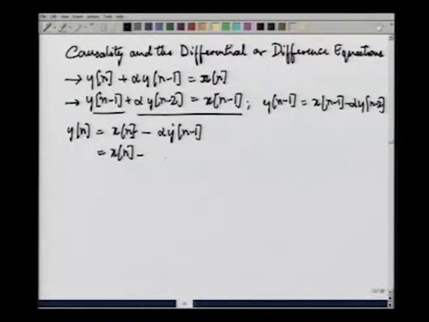So, that is what we are going to replace for this over here, and write, we already have y n equals x n minus alpha y n minus 1. So, again we would write alpha over here and then write in brackets x n minus 1 minus again alpha y n minus 2.